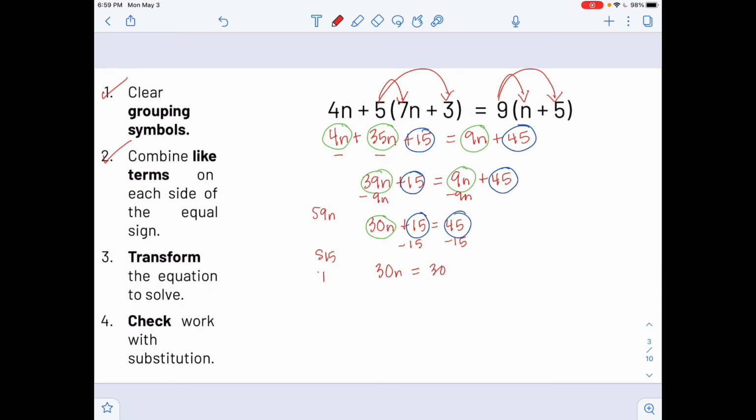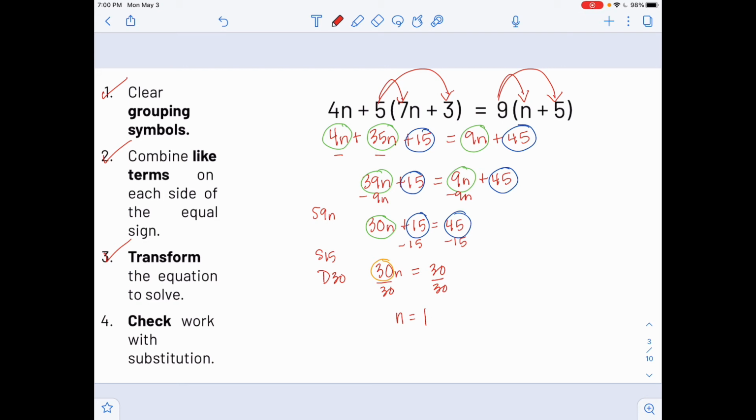And my last move is to divide by our coefficient. And remember, our coefficient is the number part of that variable term. And so 30 divided by 30. And remember, when you're dividing, you need to divide all terms. So 30n divided by 30 is 1n, and 30 divided by 30 is 1. Step 3 is now done. I transformed the equation to solve.